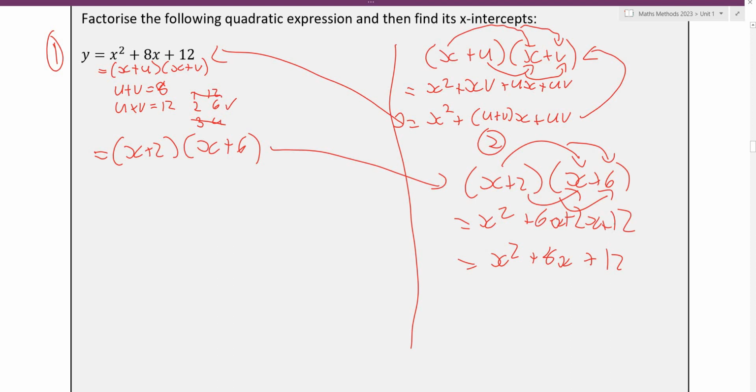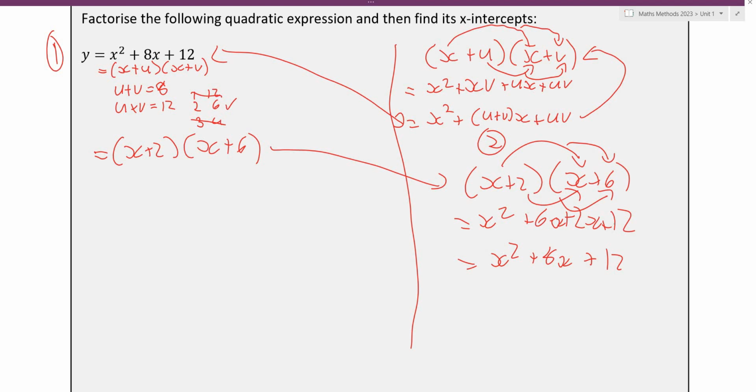Now, why did I want to get it in the form of 2 brackets? What's my end goal here? What am I trying to do? Not to plot it, but to find the x-intercepts. That's where it crosses the x-axis.